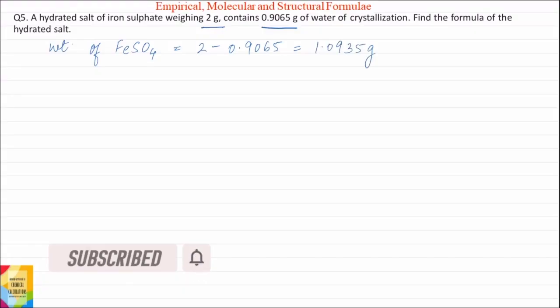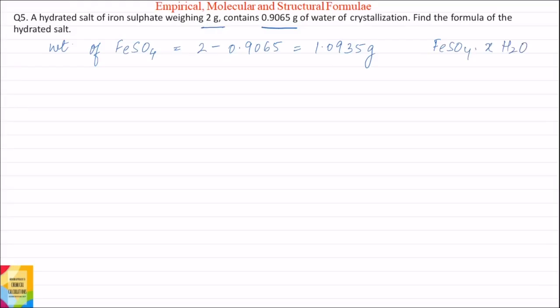Let the formula of the hydrated salt be FeSO4 X H2O, where X represents the number of moles of water of crystallization.